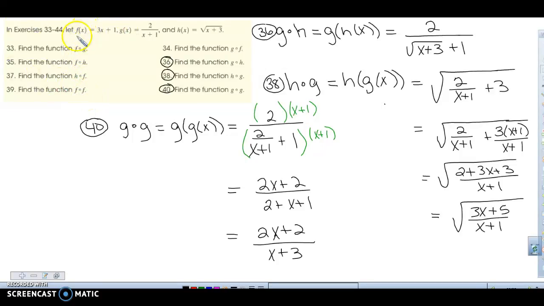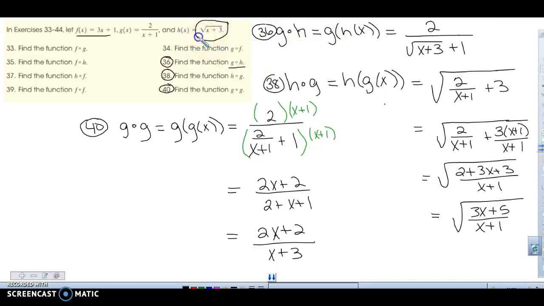Notice here they've given you the f, the g, and the h function that they want you to use. Looking at number 36, it says g composed with h. So we can write it like this: g composed with h of x. You are literally plugging the h function into the g function. So notice, this is the h function.